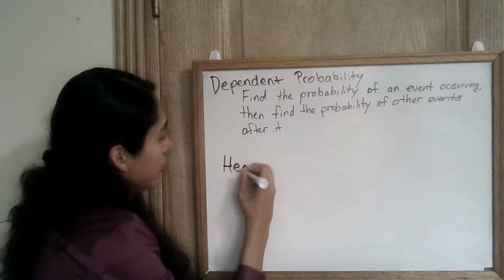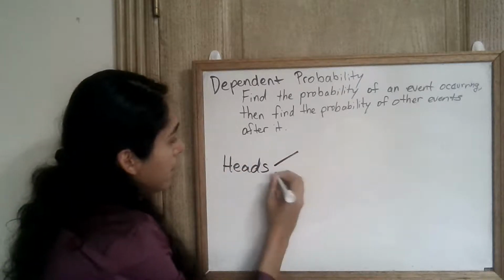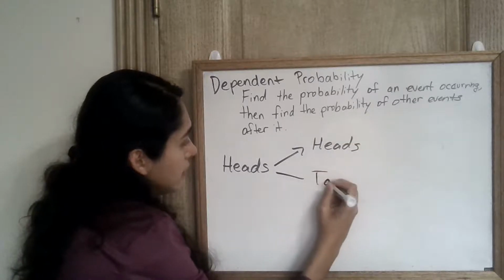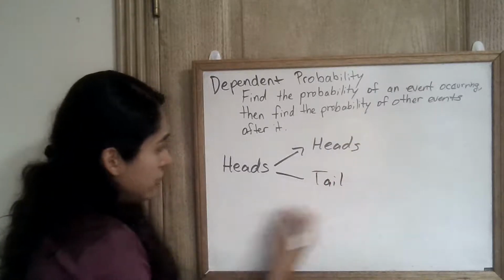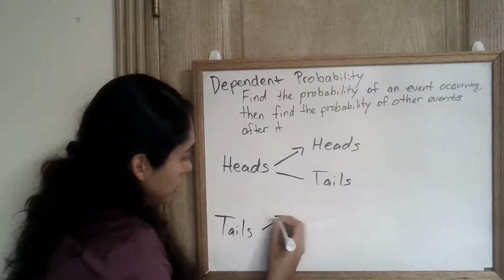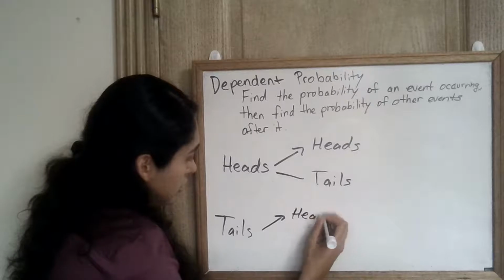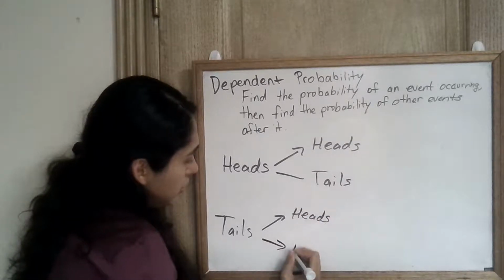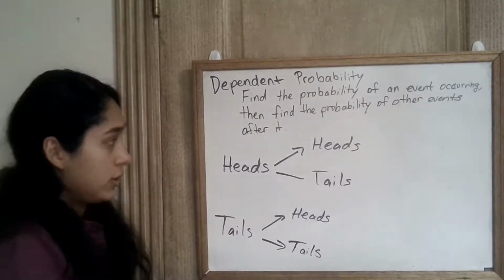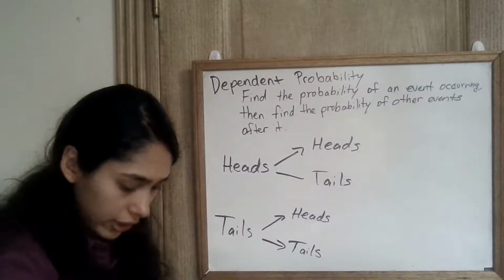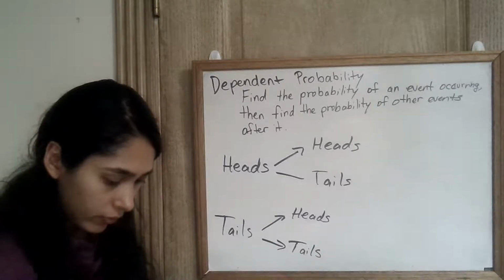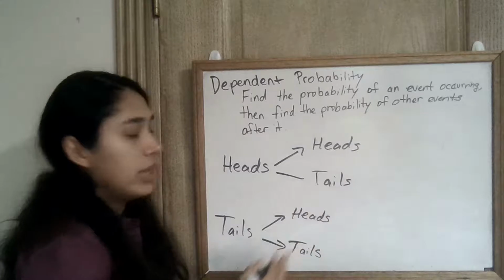So we have here heads, there we go. So let's say that I want to calculate the probability of it landing on heads again.